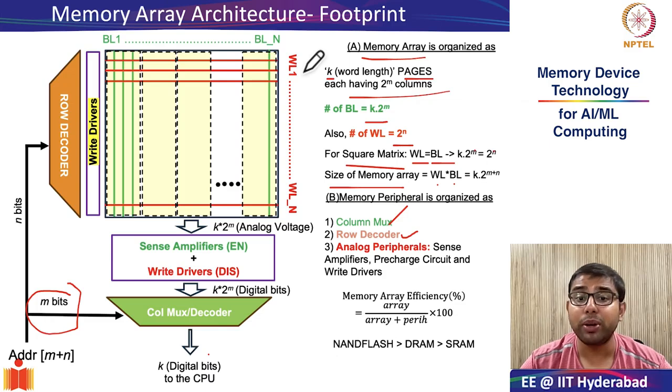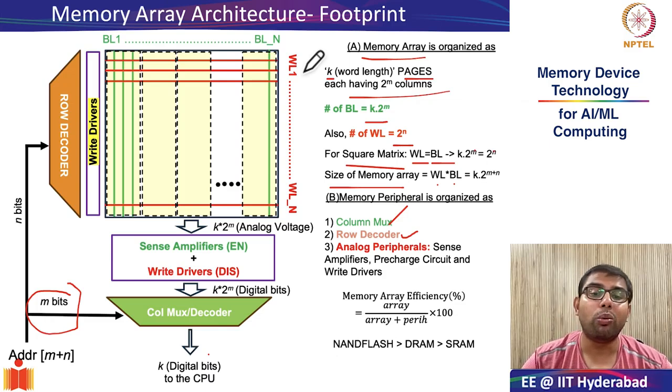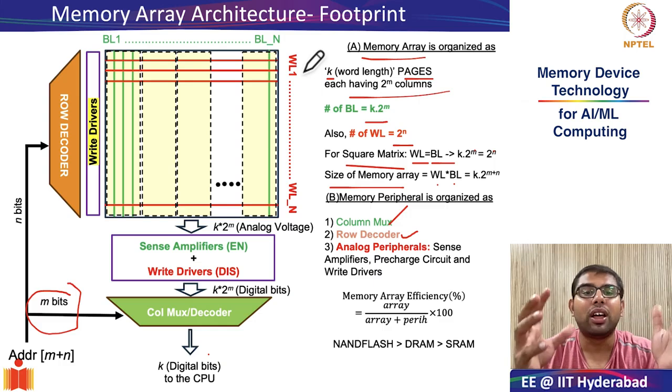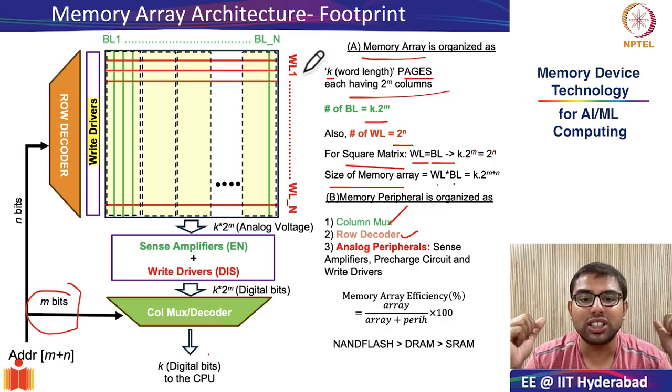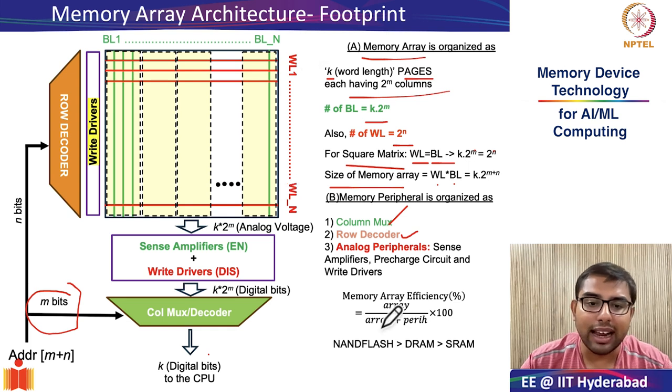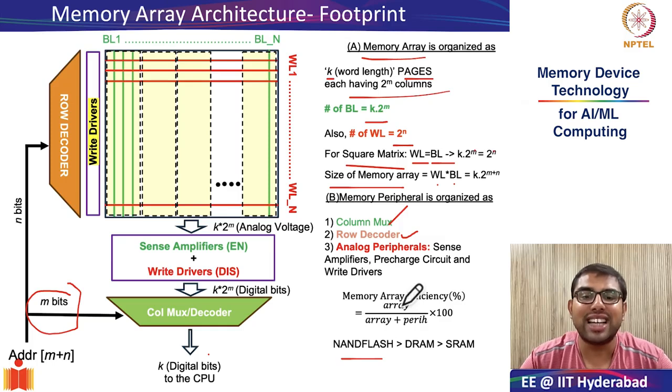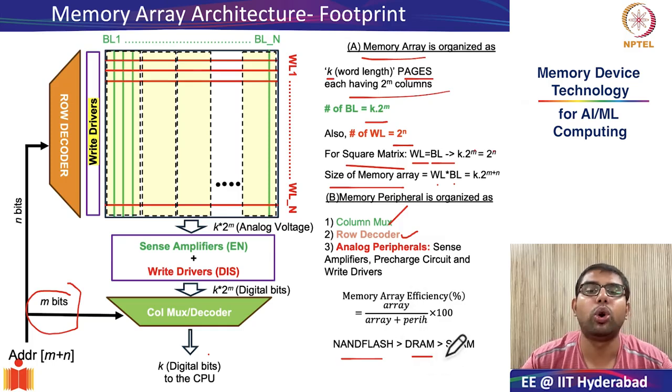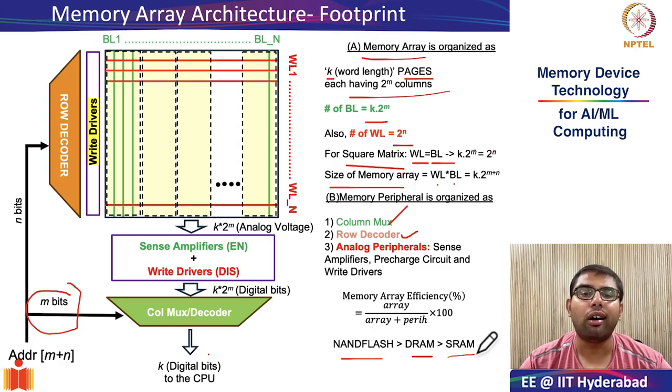It is a very important concept because it tells you the percentage of area consumed by the array versus the total memory area. And we saw that in NAND flash this was maximum, simply because the memory array is really high density, followed by DRAM, followed by SRAM. So for NAND flash, the memory array efficiency is roughly 80%.